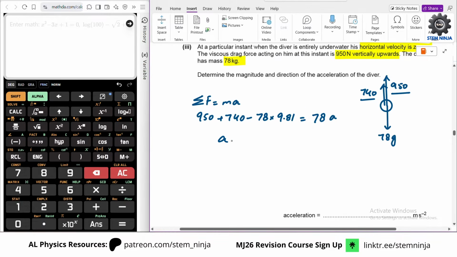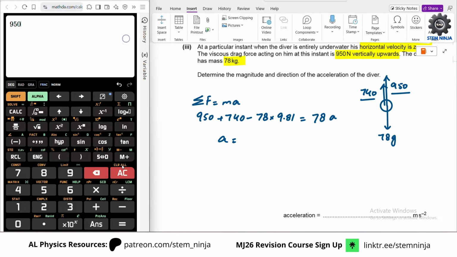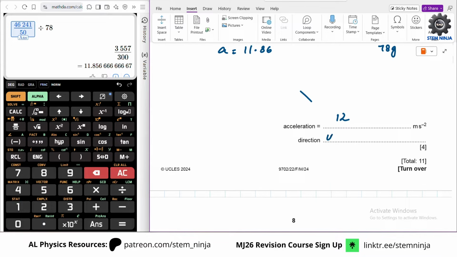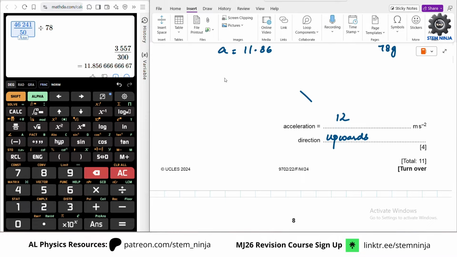So a would be 950 plus 740 minus 78 times 9.81, divided by 78. 11.86, you can call it 12, upwards. And that's it for this question. Let's move on to the next one.